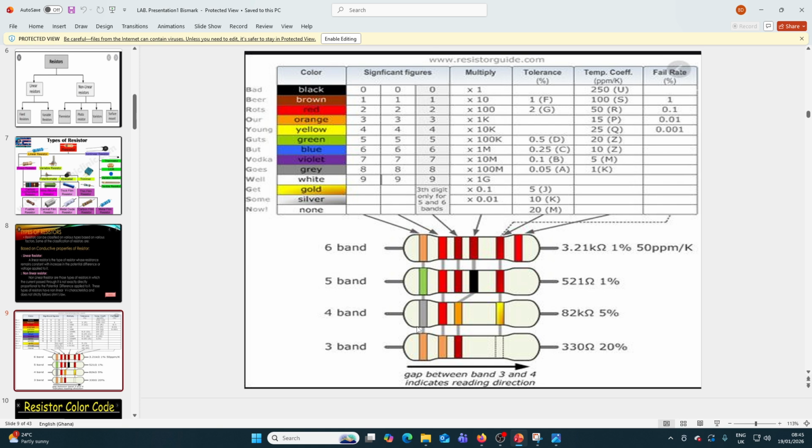So we have 82 times 1k, which is 82k. So this resistor is 82 kilo ohm. And because the tolerance color is gold, it's plus or minus 5%. So you find 5% of this 82, and that will be your tolerance. So let's look at another example so that you understand.